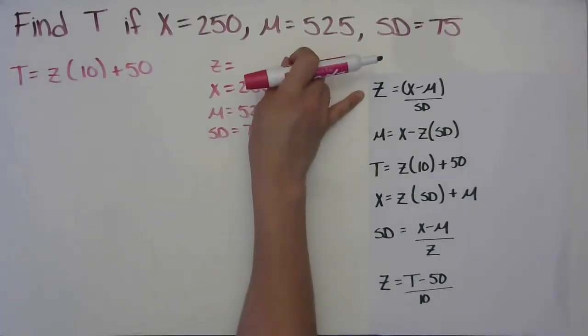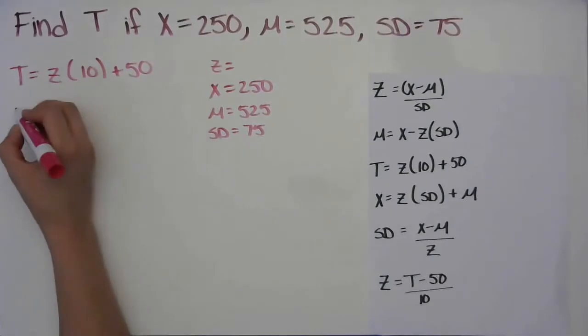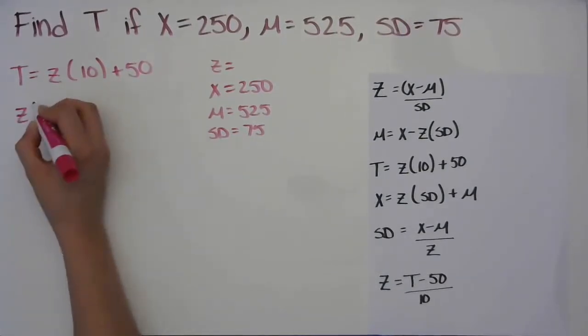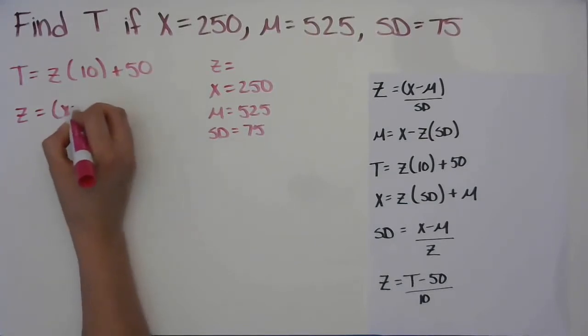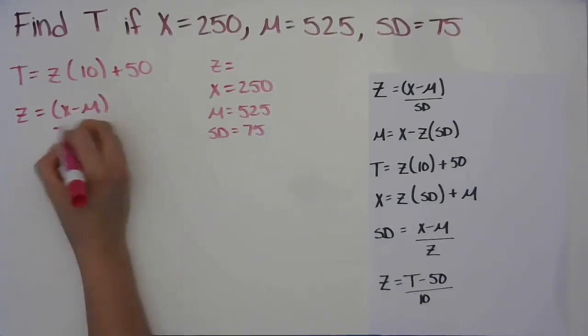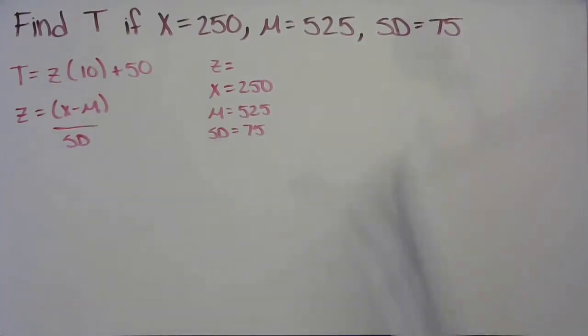Well, the first one on here requires the x, the mean, and the standard deviation. So we're actually going to use two different formulas to solve this problem. So for this one, we've got x minus m over the standard deviation. Okay, now we have everything that we need in order to solve this problem.